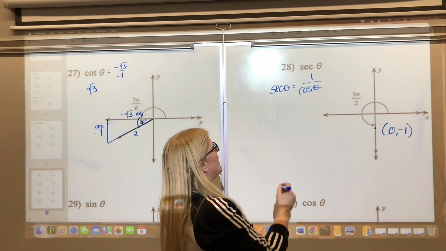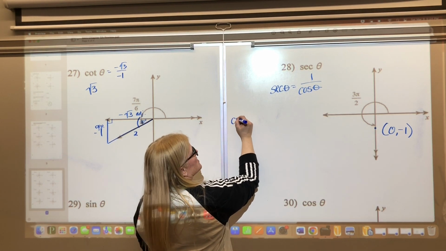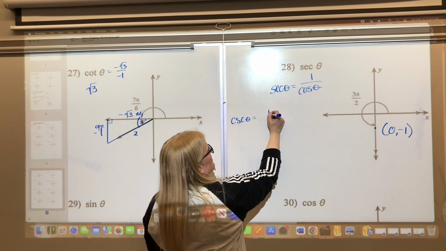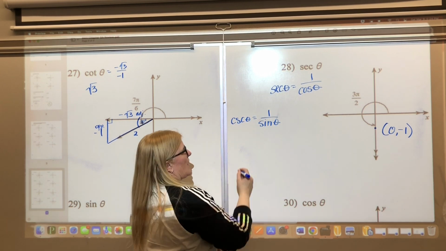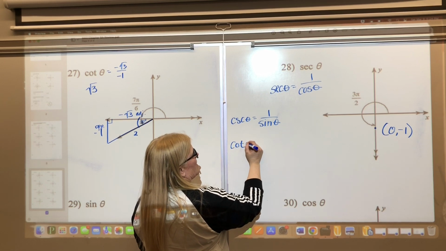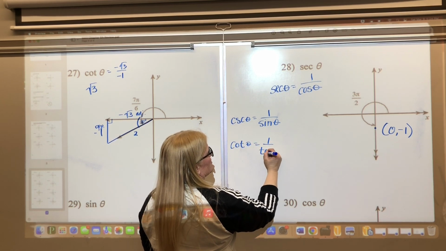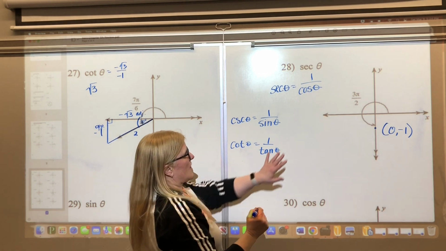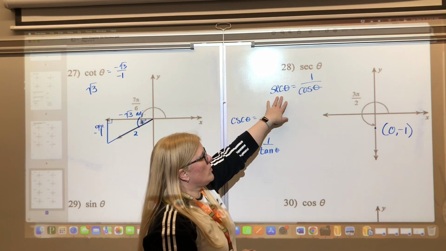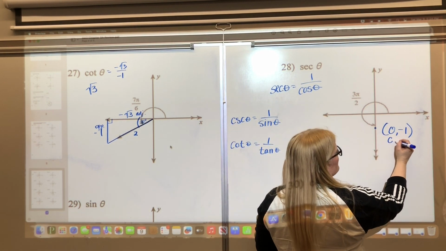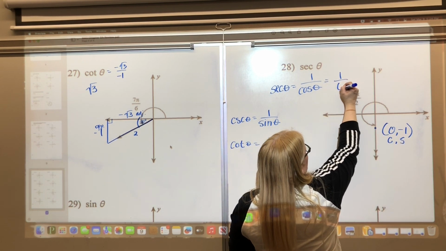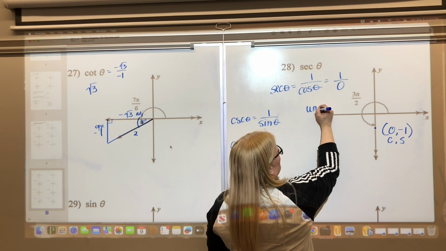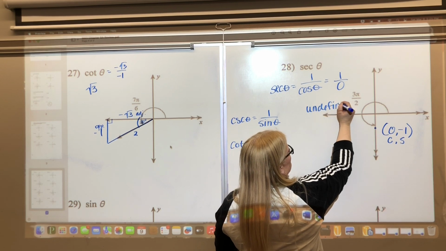Okay, just as a side note, cosecant of theta is 1 over sine of theta. And cotangent of theta is 1 over tangent of theta. Okay, so side note. So remember, this is cosine, this is sine. So this is going to be 1 over 0, which is undefined.